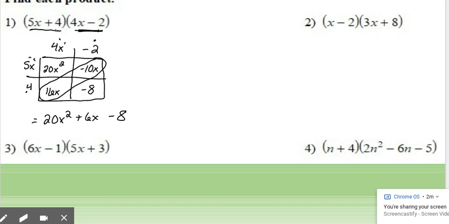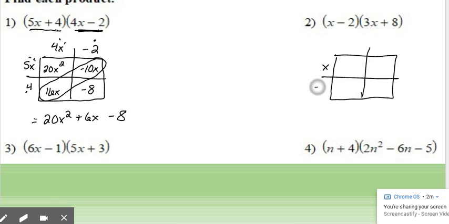Okay. Number 2 is also a 2 by 2 box. So we got x minus 2 on the side, 3x plus 8 on the top, and I multiply x times 3x is 3x squared. X times 8 is 8x. Negative 2 times 3x is negative 6x. Negative 2 times 8 is negative 16.